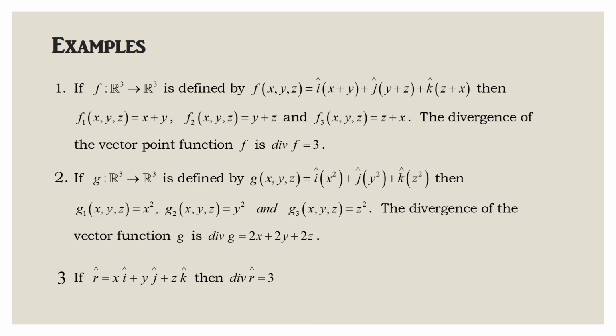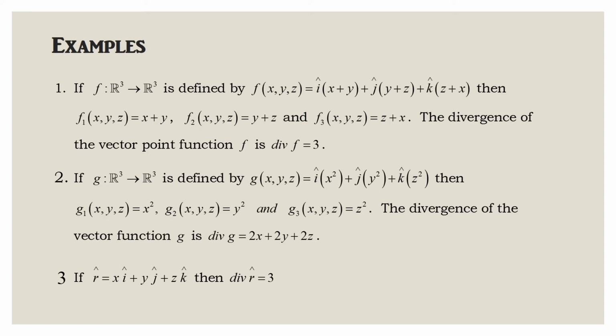These are the component functions of the given vector field f. So, the divergence of the given vector field f is the sum of three pieces: dou f1 by dou x, dou f2 by dou y, and dou f3 by dou z.